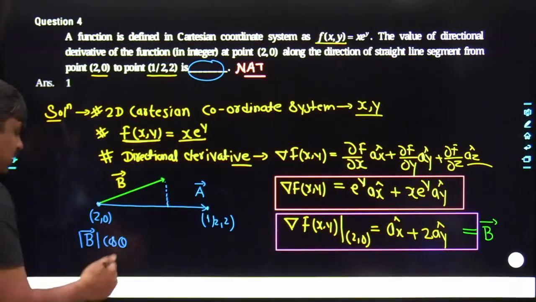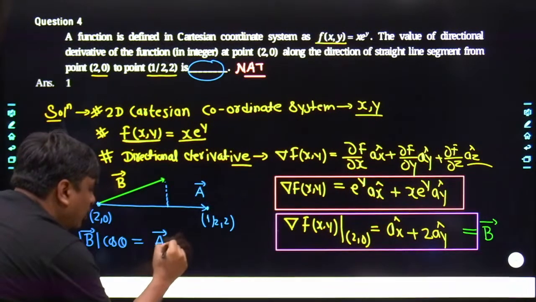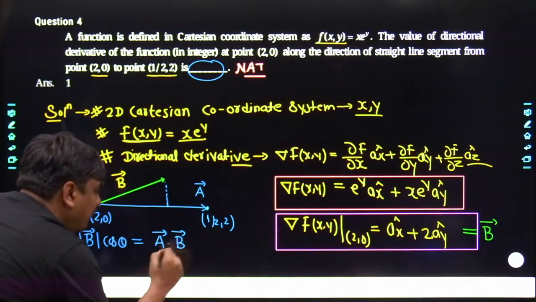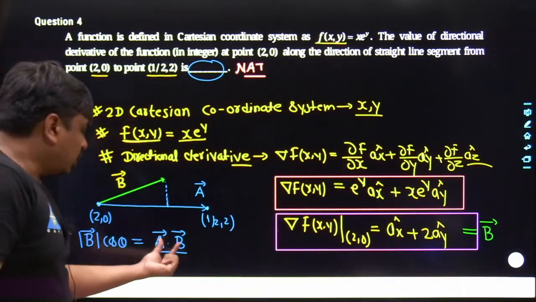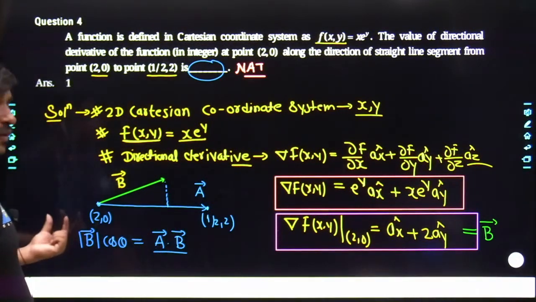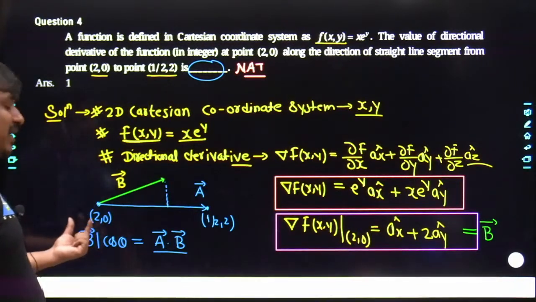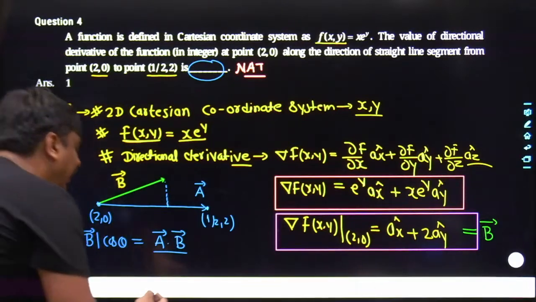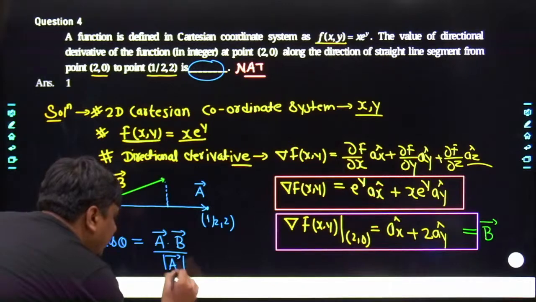Even mod of b into cos theta can be easily calculated by taking the dot product between a vector and b vector. How? See, a vector dot b vector is equal to mod of a into mod of b into cos theta. But as we are interested in finding only the value of mod of b into cos theta, at the denominator you have to take the magnitude of a vector.